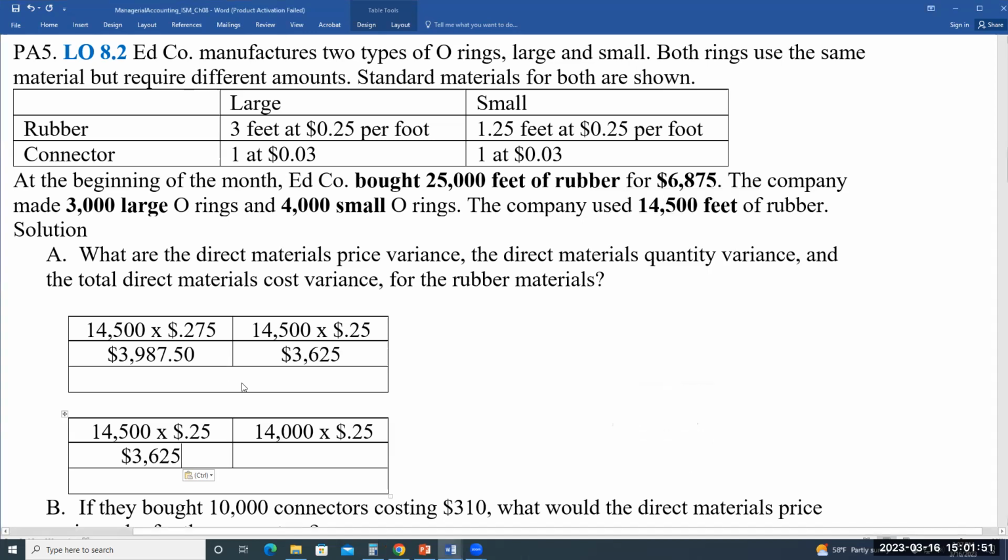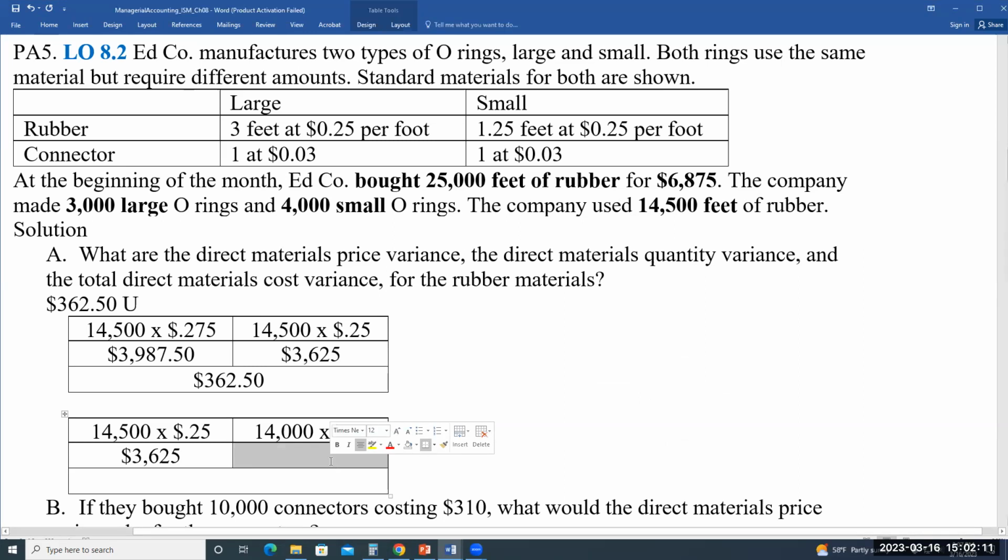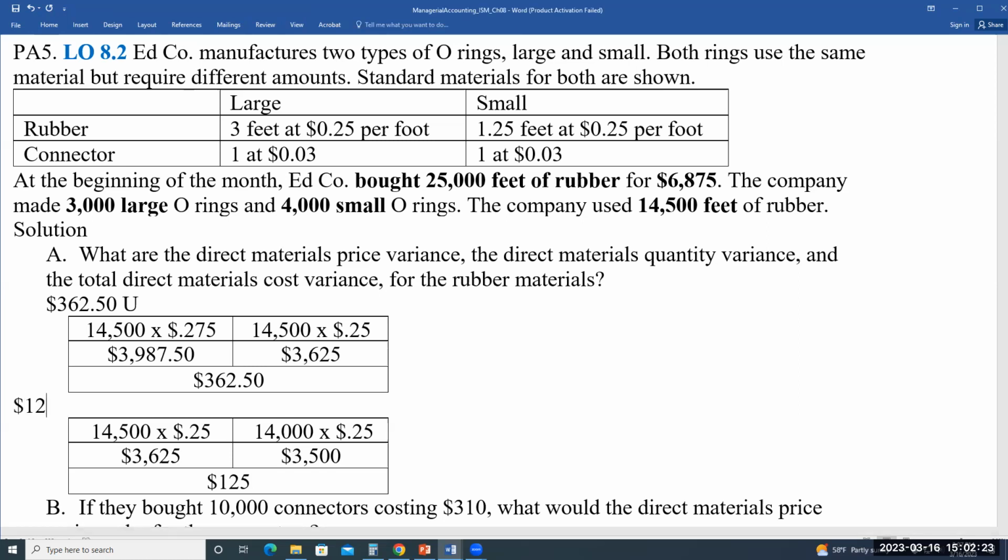Looks like $362.50 unfavorable is our price variance. And $125 unfavorable is our quantity variance.